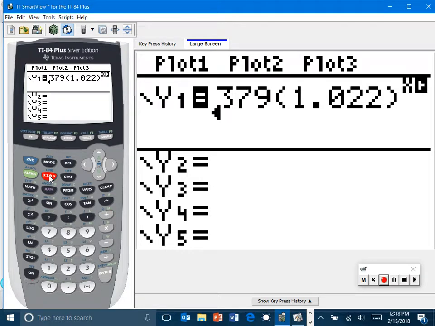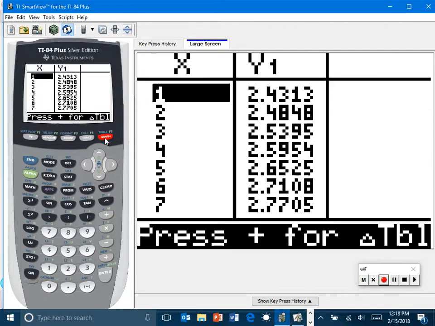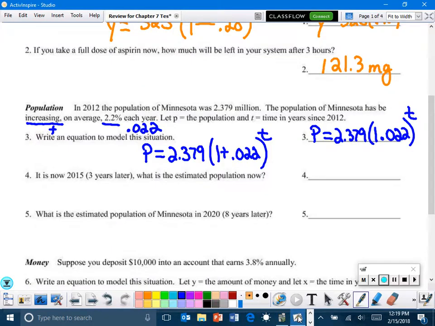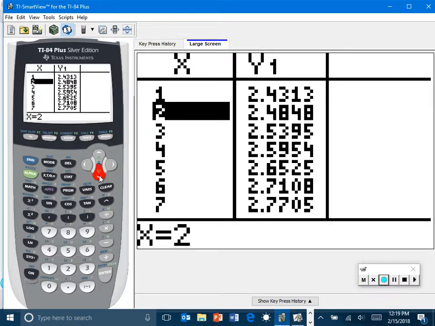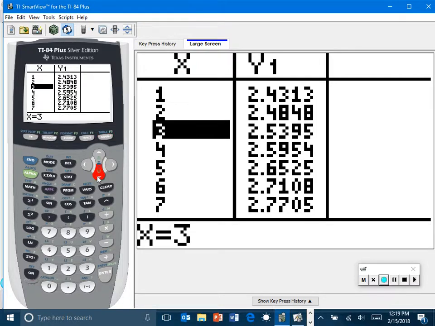Remember, we cannot use any other letters in our y equals except x. All right, go to the table. Now, it says that in 2015, that's 3 years later, we have to look up the number 3 in our table. And just like the last problem, we go to the 3, there it is. And we see it's 2.5, we'll round it, 2.54 million.